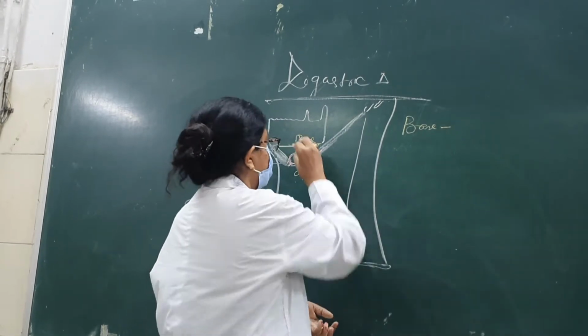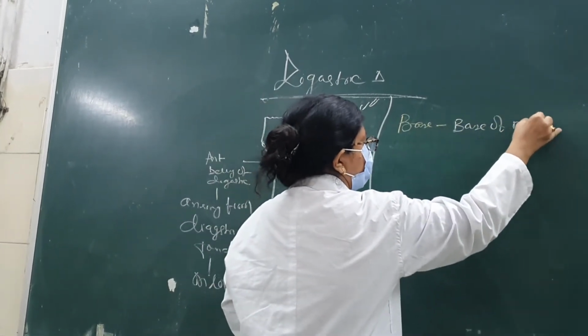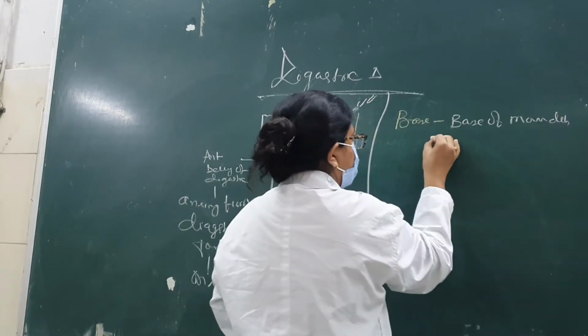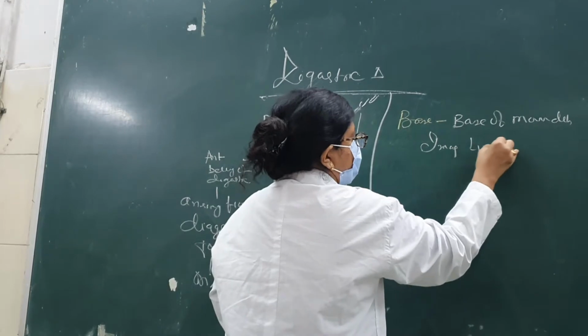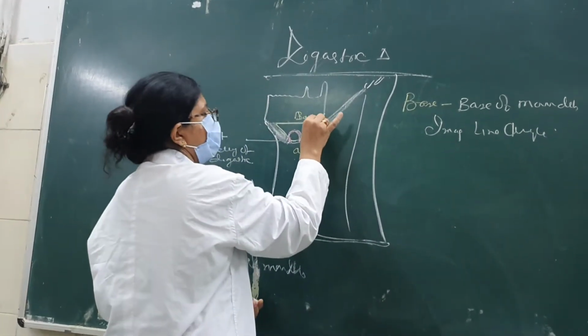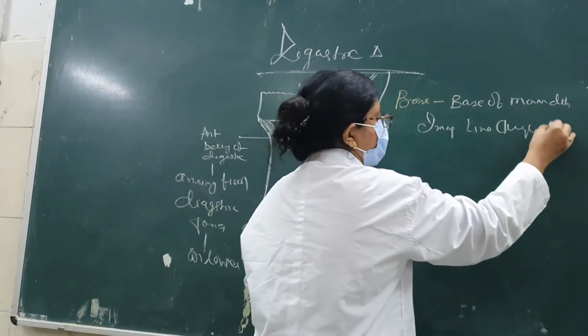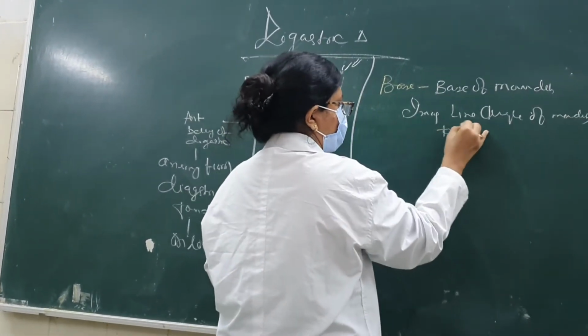It will be formed by the base of the mandible. The base of the mandible we have repeated many times, and an imaginary line joining the angle of the mandible to the mastoid process.